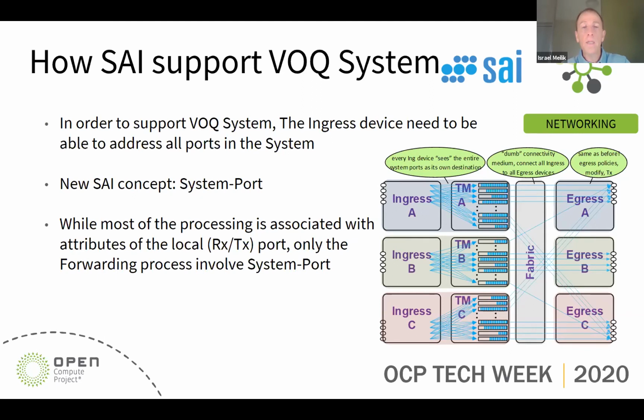So this is the system port, and it is used mainly in the forwarding function. All other functions keep the same SAI functionality. If you think about VLAN membership, spanning tree, router interface assignment, they are typically associated with the local ports, not with the system port.